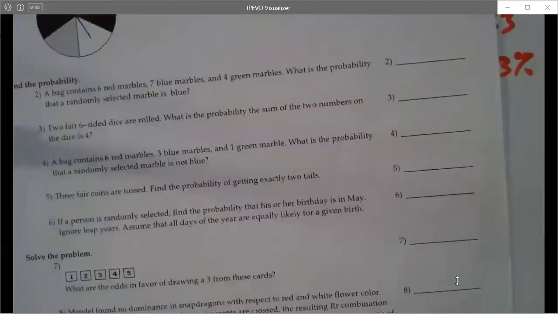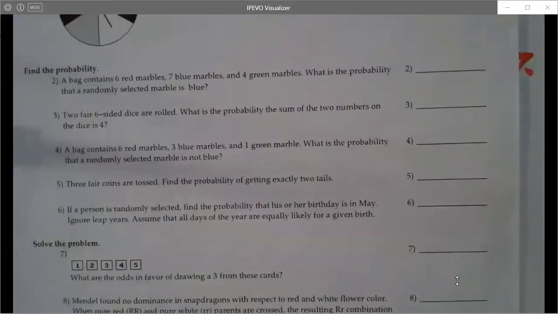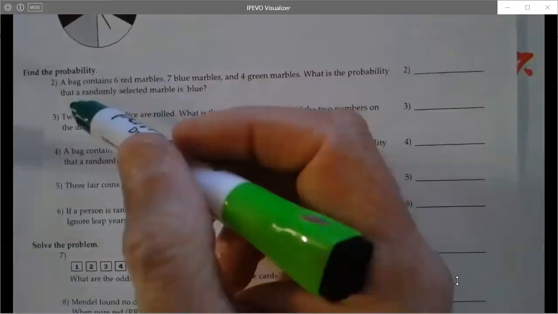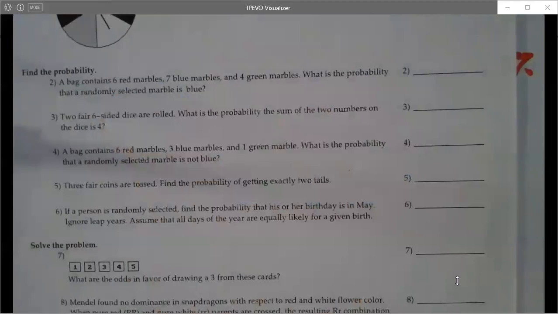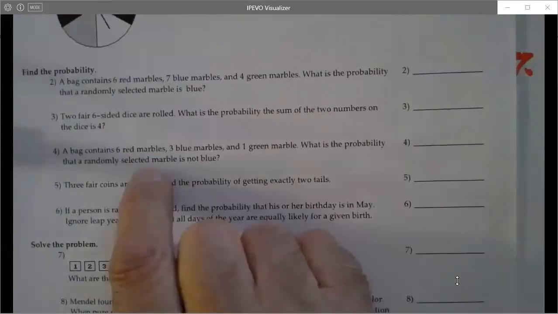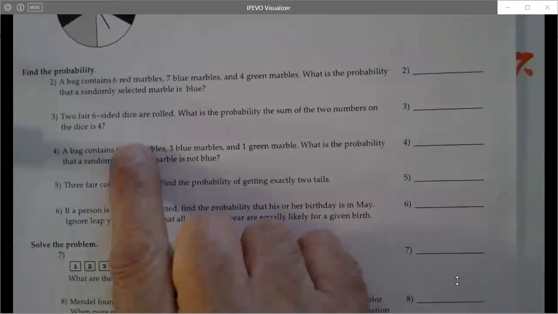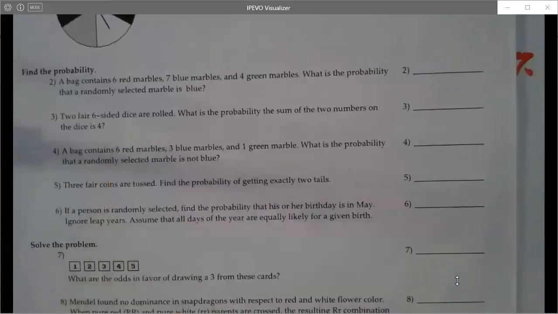I know it's 17 marbles in total, and 7 blue marbles, so it'd be 7 over 17, and then I have to go back and simplify that. Yeah, that's right. All right, good.